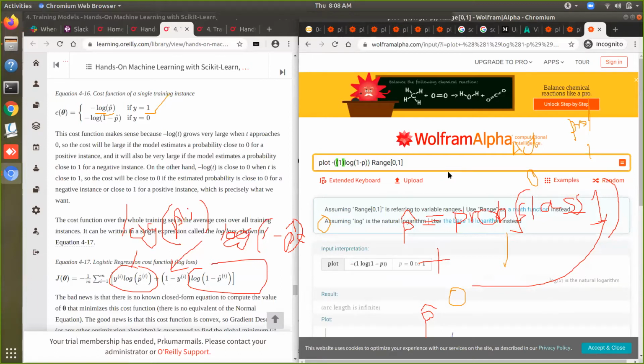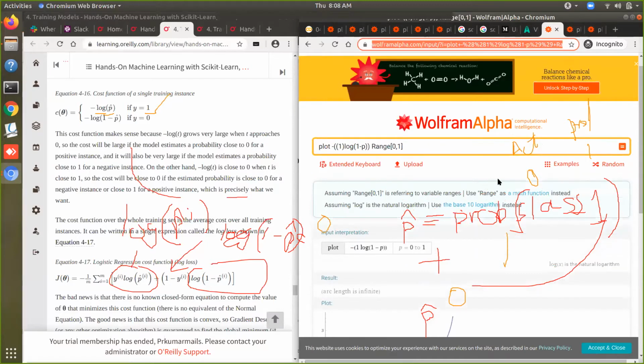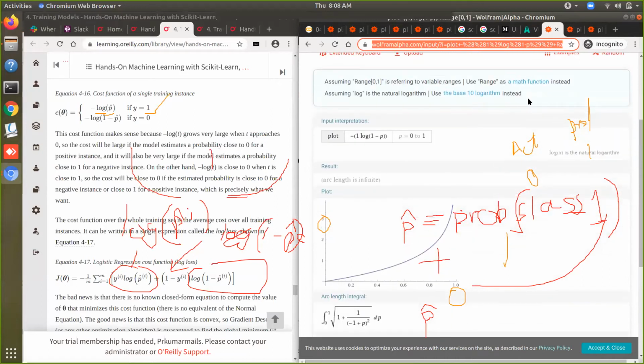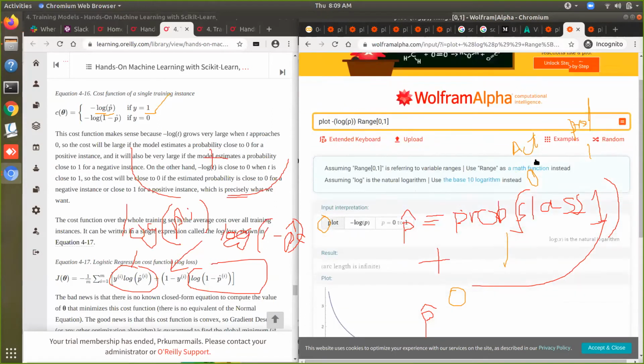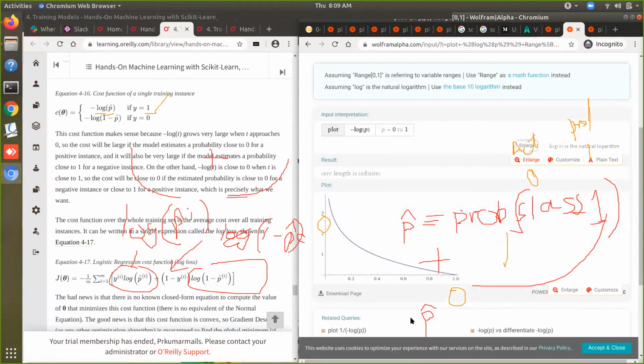But we've seen that both of these functions, one of them looks like this, and the other one looks like, sorry, I forget which is which. Yeah, one of them looks like this and one of them looks like that. So we're just adding together a bunch of terms that look like this or look like that. And the sum of convex functions is always convex. Does that make sense to you?